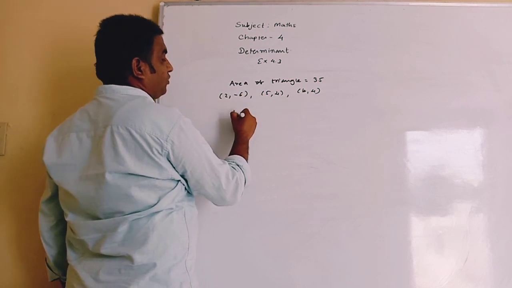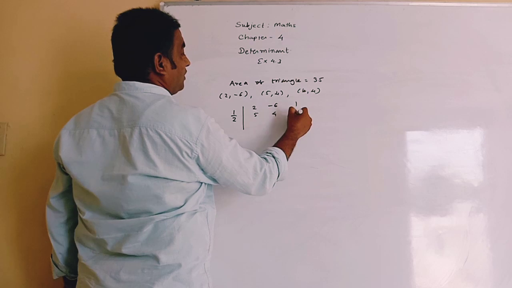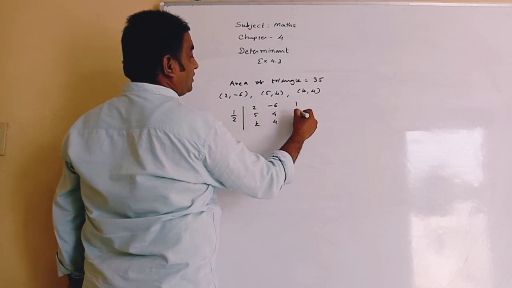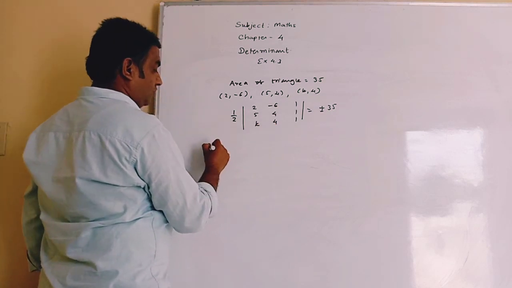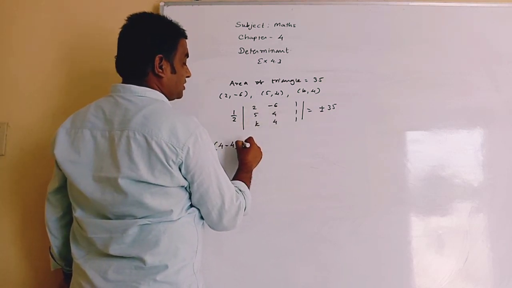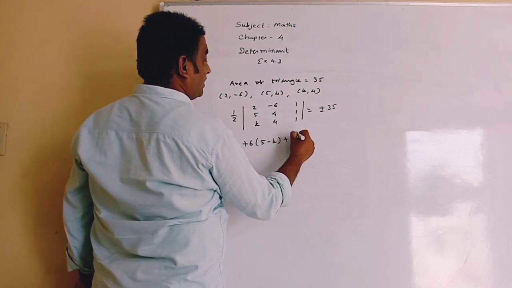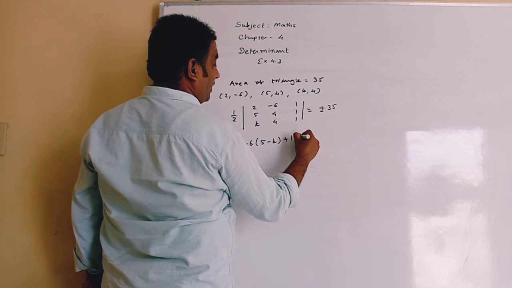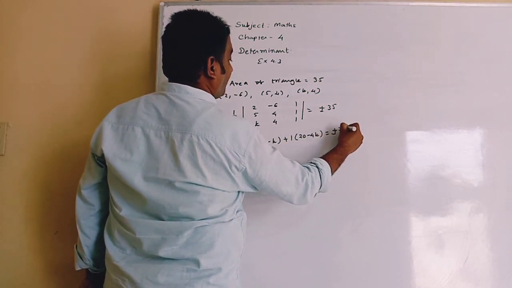So 1 by 2 times the determinant |2 minus 6 1; 5 4 1; k 4 1| equals plus or minus 35. So 2 into (4 minus 4) minus (minus 6) into (5 minus k) plus 1 into (20 minus 4k) equals plus or minus 70.